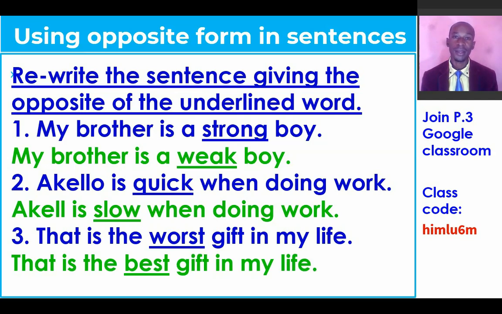Are we together? But remember, tall, short, and long. When it comes to a sentence, know how you are going to answer it, basing on what you are talking about. Is it a person? A person is tall. Is it any object like a rope? A rope is long. So the opposite will be any of those two if the word was short.